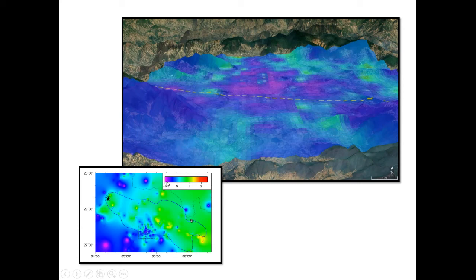Now purple is where the shaking was lighter than expected, and red is where the shaking was greater than expected, and green is shaking that's about the level that we expect. So if you come into the Kathmandu Valley and break that over topography, what you can see is purple. In the middle of the Kathmandu Valley, the intensities were lower than expected in the valley, not amplified, not like the simple models predict.